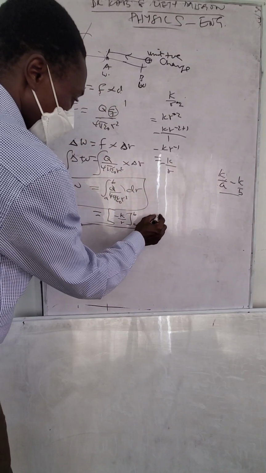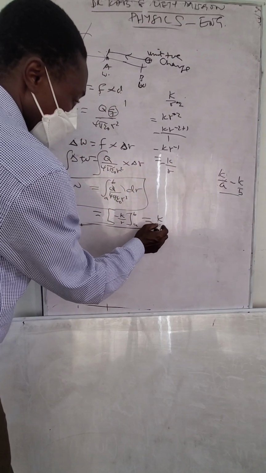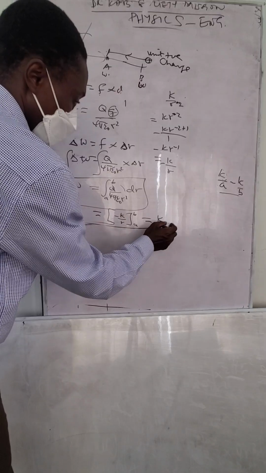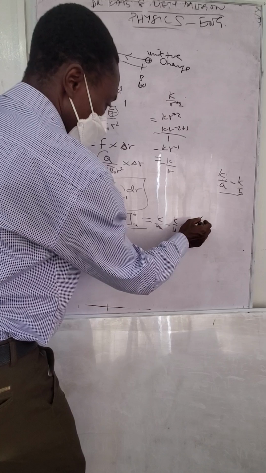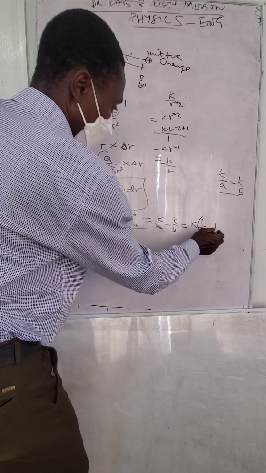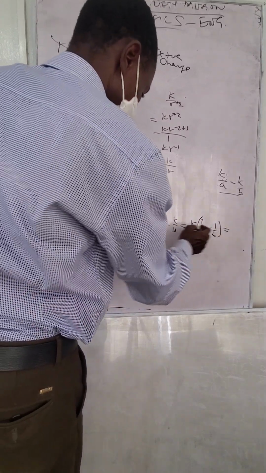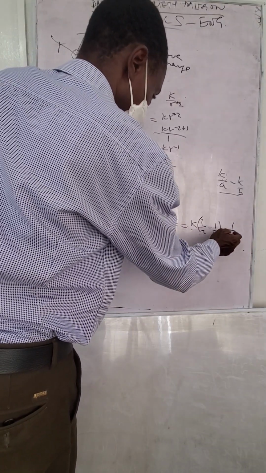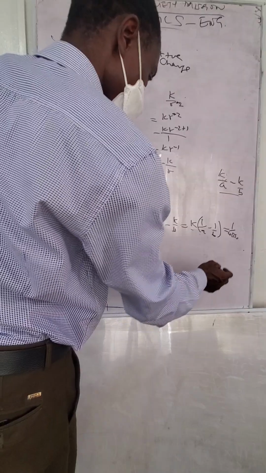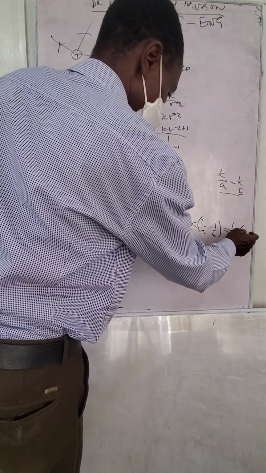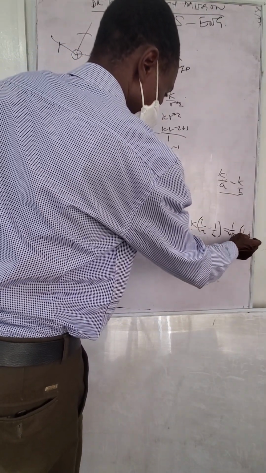So this is going to be k over a, k over b, which is the same as k, 1 over a minus 1 over b, which is also the same as, now let's put in place of k, which is 1 over 4 epsilon naught, bracket 1 over a minus 1 over b.